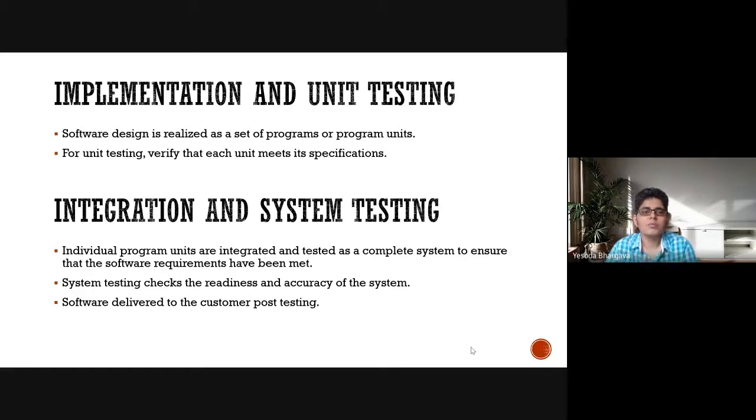You also keep testing the individual units to verify that each unit is meeting its specification. After this unit testing and preliminary implementation, you try to integrate the different program units you have formed and then provide system-wide testing. So this is a very basic flow of how software development goes.